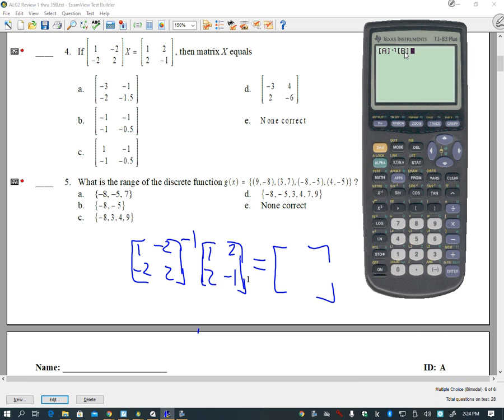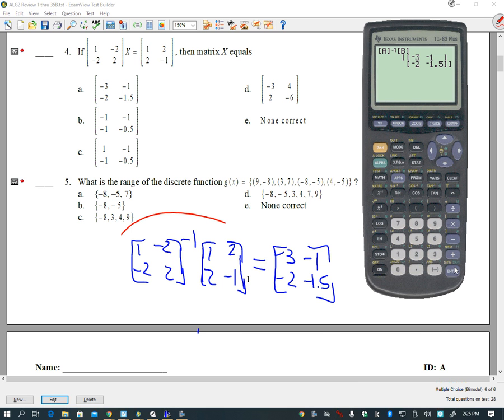Does everybody understand that? Okay, now I'm going to hit enter, and it's going to give me that resulting matrix, which is -3, -1, -2, -3 halves. Okay, -3, -1, -2, -1.5.